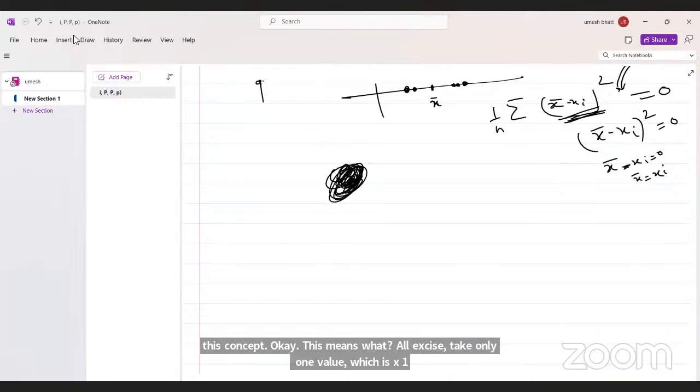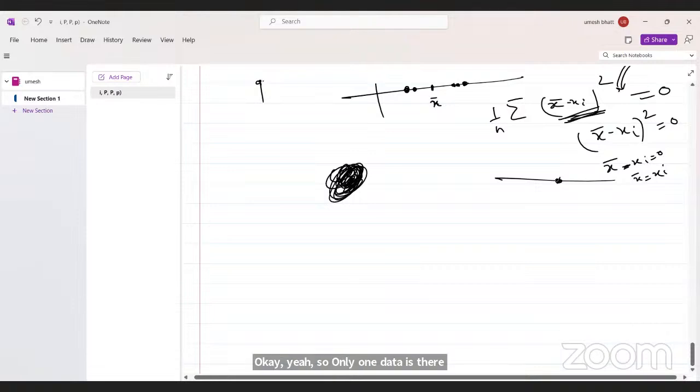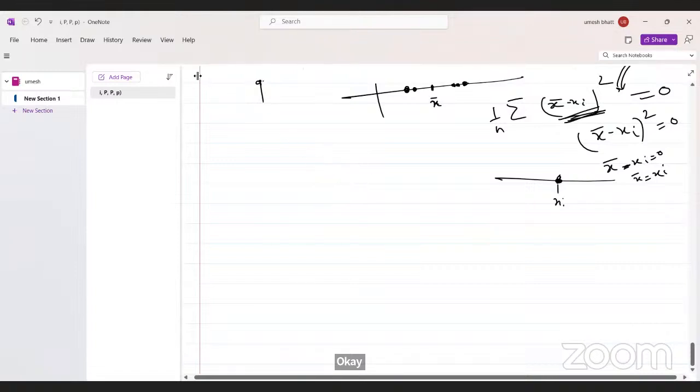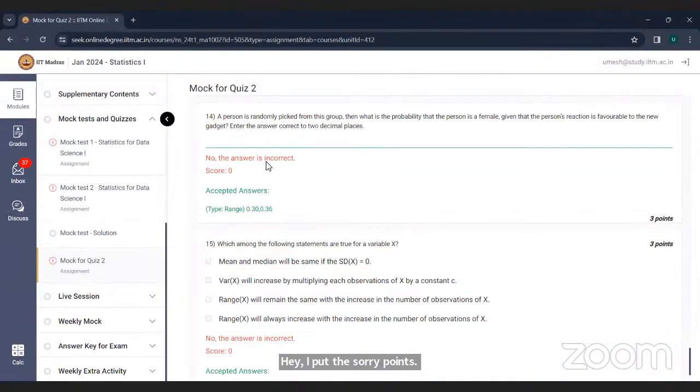So all points are the same. In that particular case, its mean is the same, its median is the same, and its mode is also the same. Okay, got it.